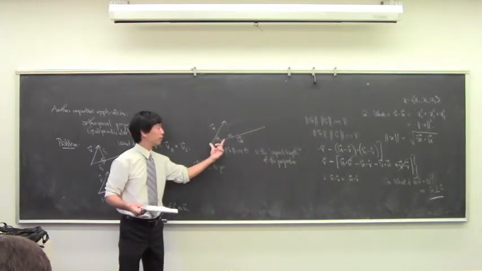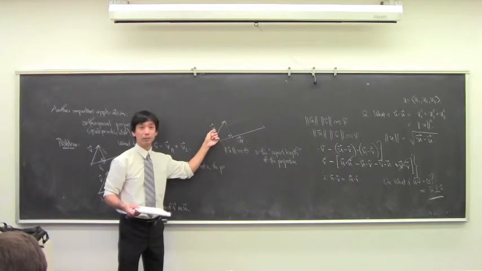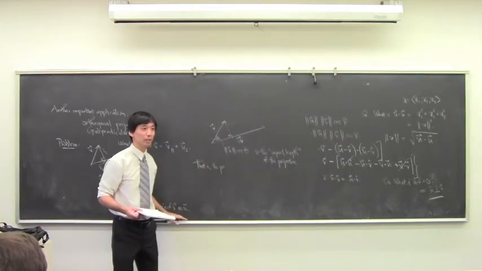Everyone okay with that? Cosine is going to be adjacent over hypotenuse, et cetera, et cetera.